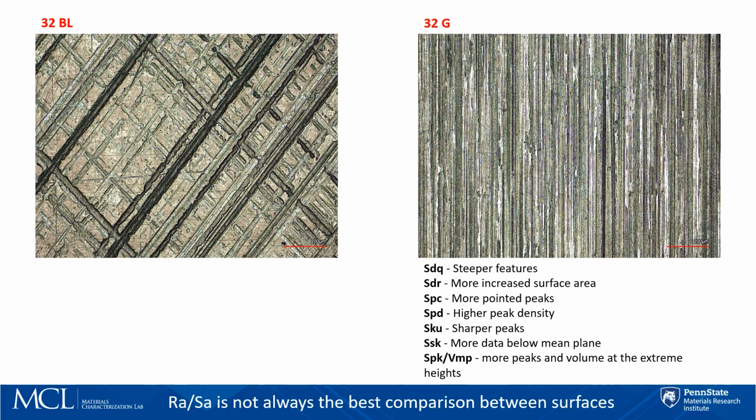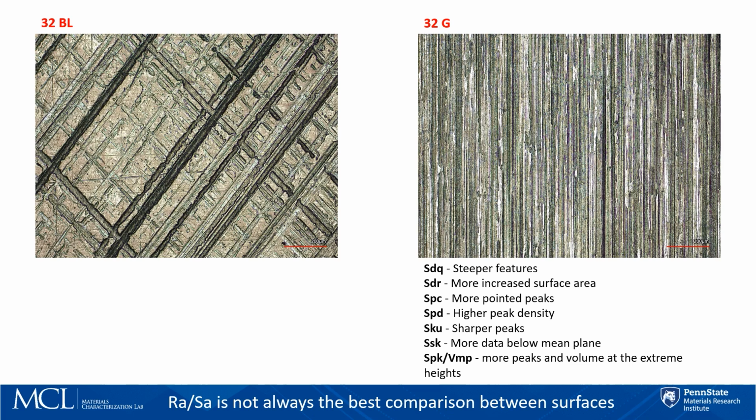The SDR is telling us we have a more increased surface area. The SPC is telling us we have more pointed peaks. The SPD is telling us we have a higher peak density. The kurtosis is telling us that we have sharper peaks. The SSK, or skewness, is telling us that we have more data below the mean plane. And the SPK and VMP are telling us that we have more peaks and volume at the extreme heights and valleys.